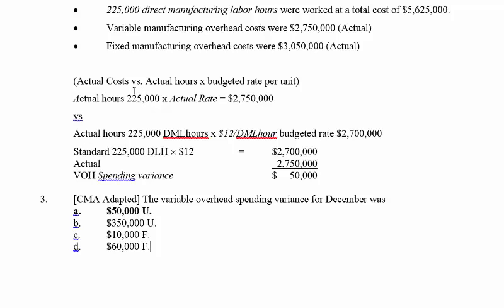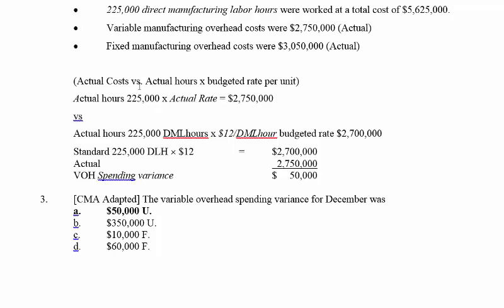Actual hours was 225,000, and our actual rate was whatever the actual rate was. Those 2 numbers could be multiplied together to give us the $2,750,000 that was listed right here for our actual cost for variable manufacturing overhead.